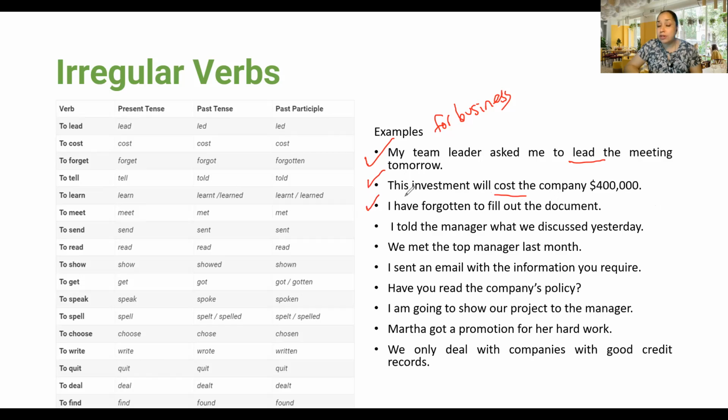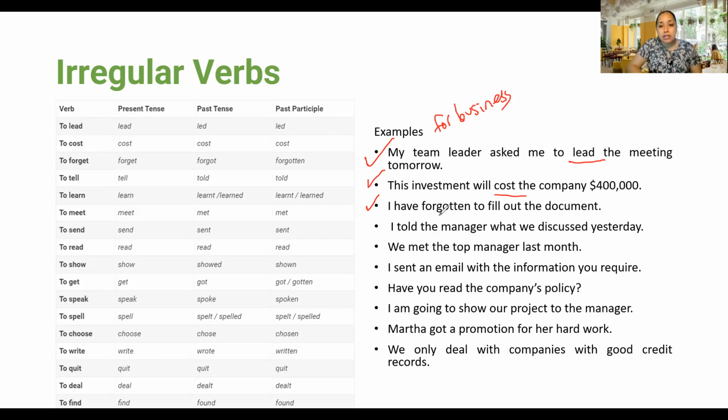Again, I'm telling you, these are examples for business. These are not simple sentences, just like, oh, I wash my hair. Oh, I sit on the chair. Nah, these are examples of common English used in business.